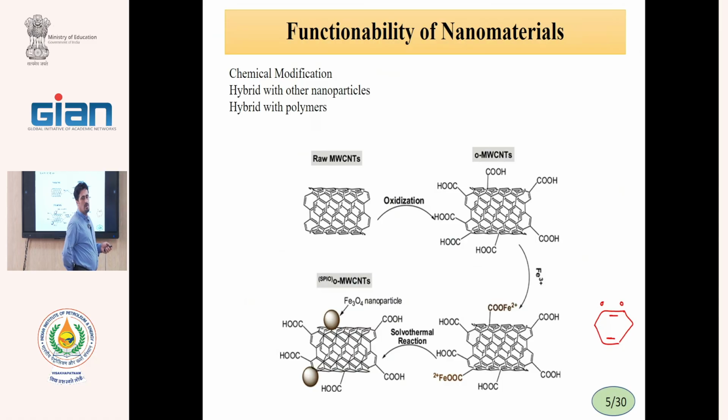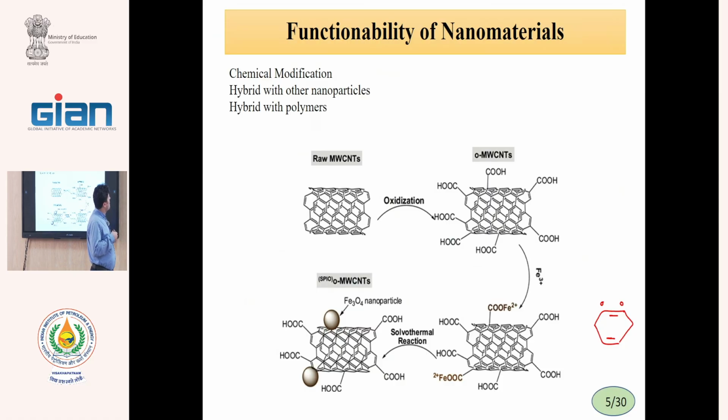Or we can mix two nanoparticles together, 3 nanoparticles. In this figure, you see a nanotube coated with a magnetic nanoparticle, and these magnetic properties can be used for increasing hydrophilicity. For example, this hematite is hydrophilic, can increase the electrical conductivity, and other applications.